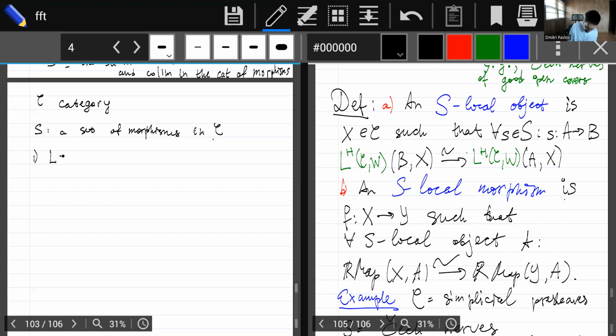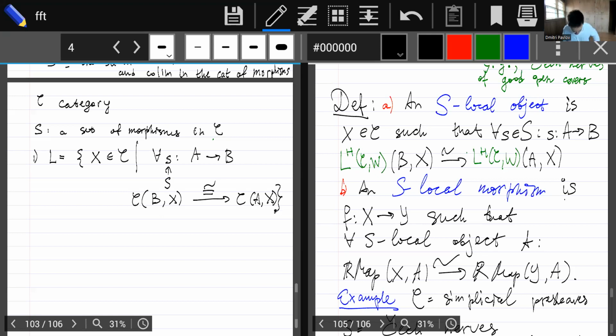Let's call it L. It is a set of objects in C such that for any morphism S in capital S, the induced map from C(B,X) to C(A,X) is an isomorphism.